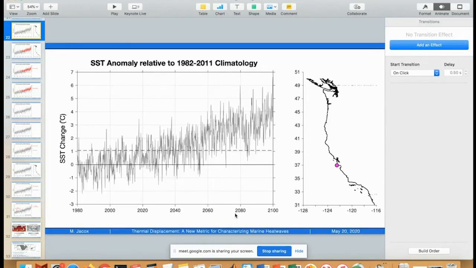The more comprehensive way to do it, and 10 times more computationally expensive, would be to calculate the thermal displacement for all times, which is a great idea, and then see if there are times when that metric jumps out that the local SST anomalies don't necessarily jump out that much.